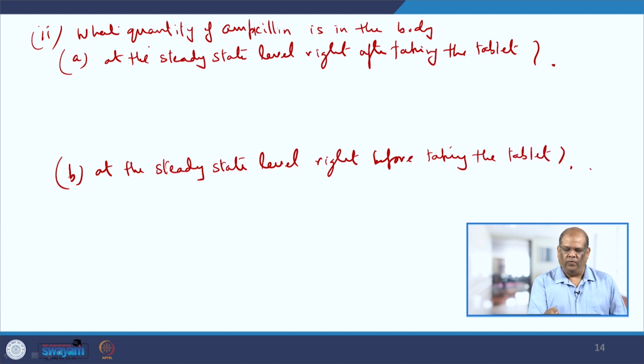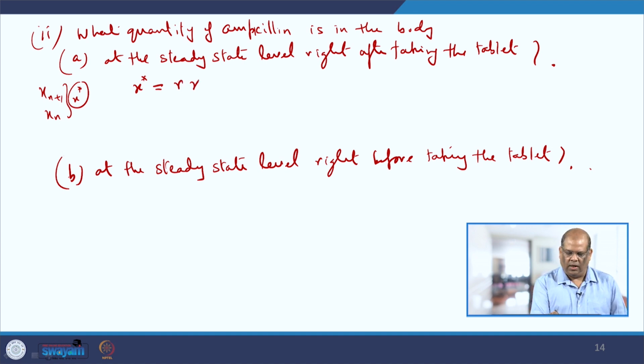So, the first question is, what is the quantity of ampicillin in the body at the steady state level right after taking the tablet? And we know that the equilibrium point or the steady state is obtained by replacing n plus 1 and xn to be x star, as there is no change from n to n plus 1.